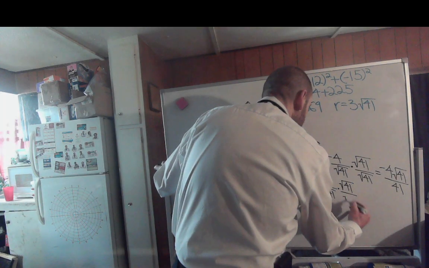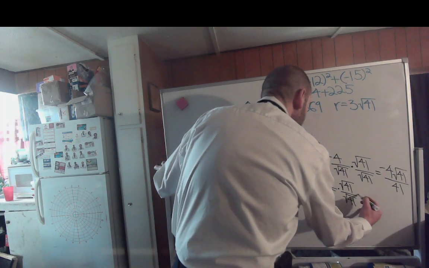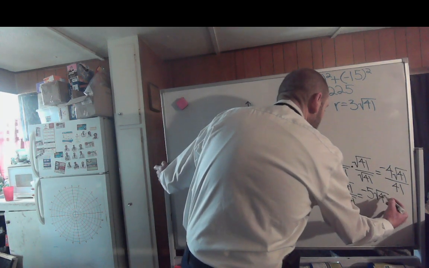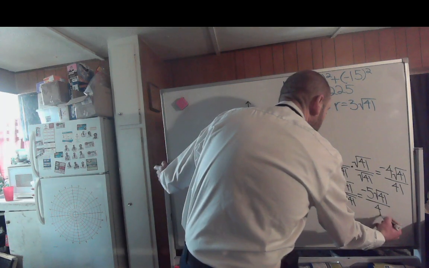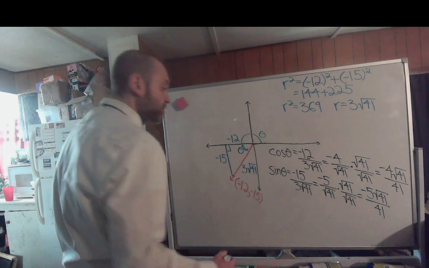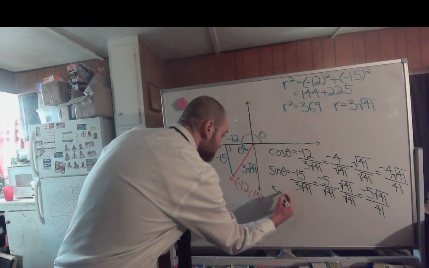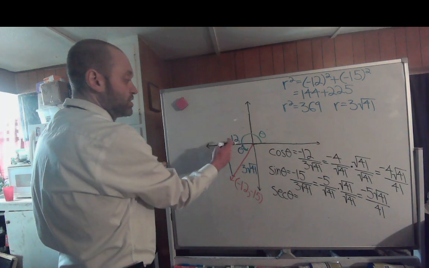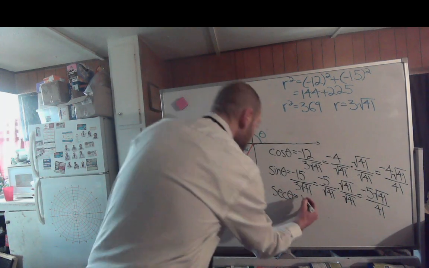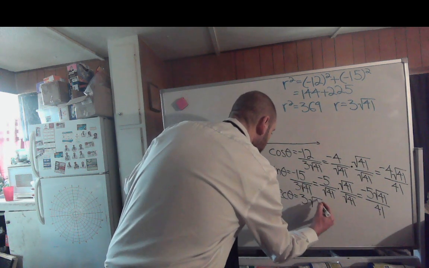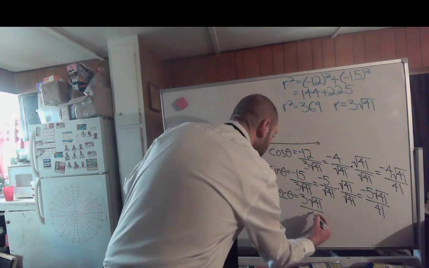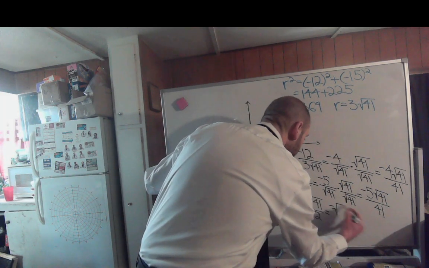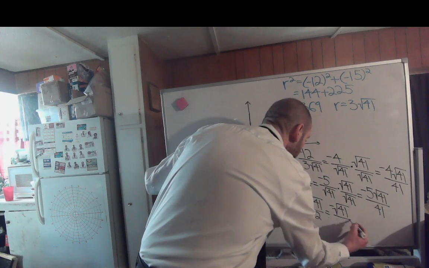So this should end up turning into negative 5 times the square root of 41 all over 41. Alright, now let's find the secant of theta. That's your hypotenuse over adjacent, so that would be 3 times the square root of 41 over negative 12, which would just end up giving you negative of the square root of 41 over 4.